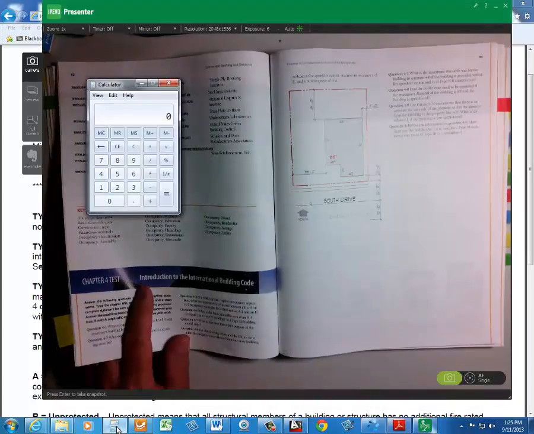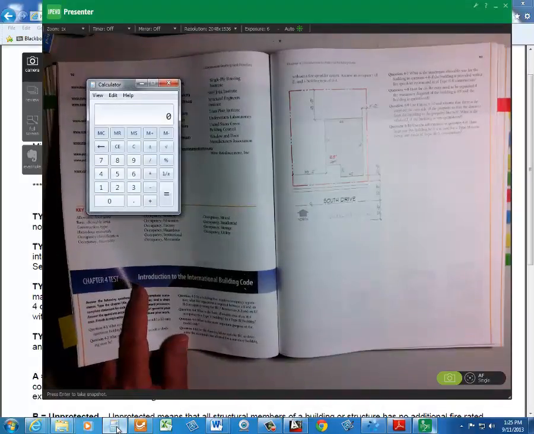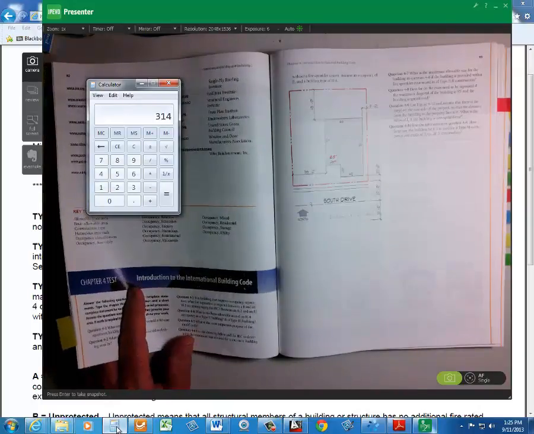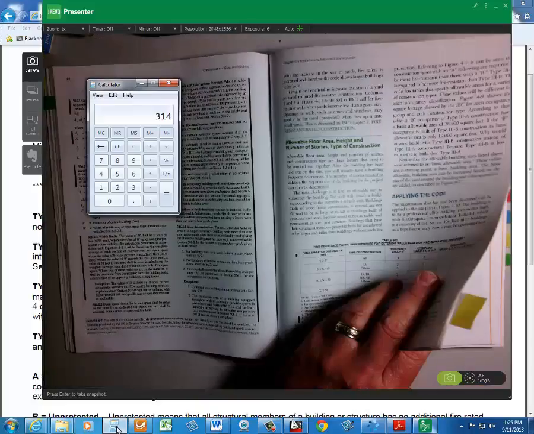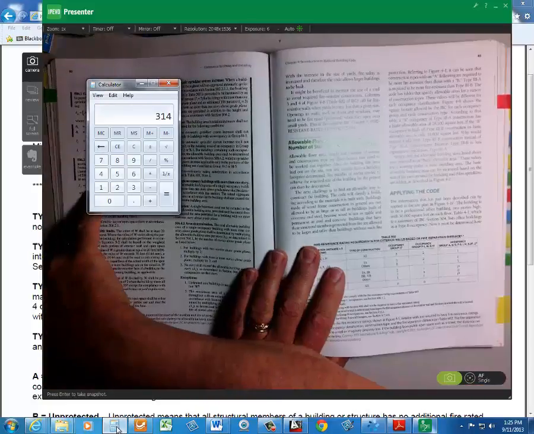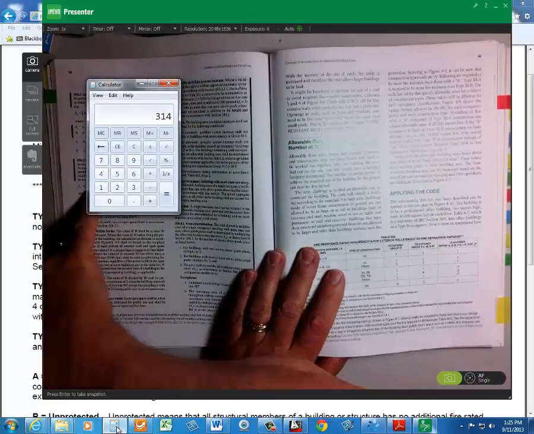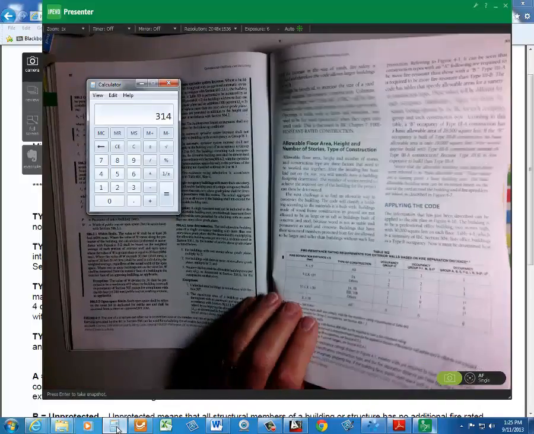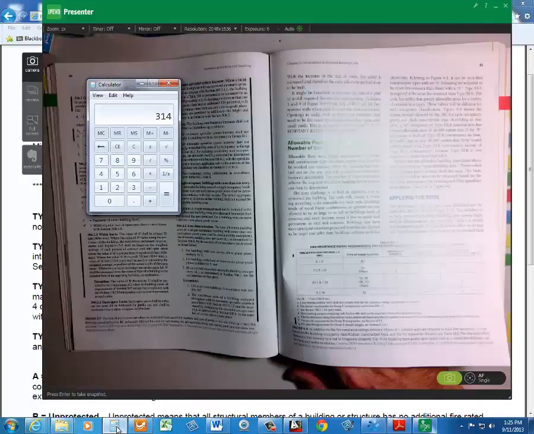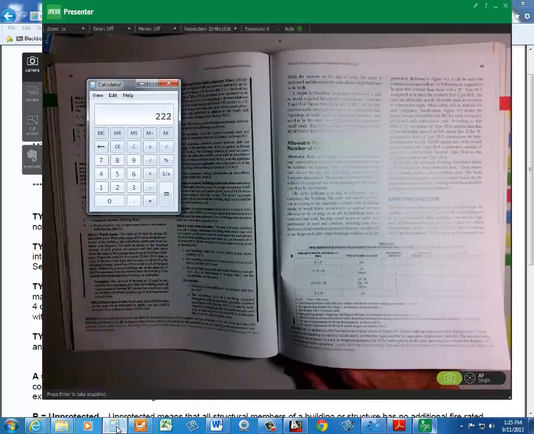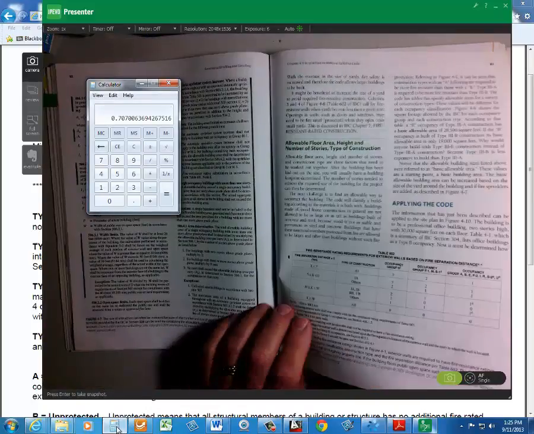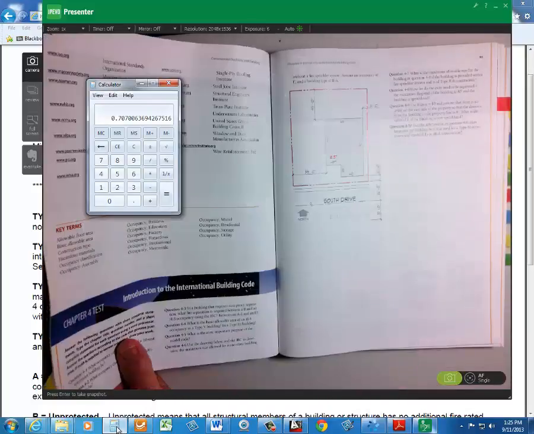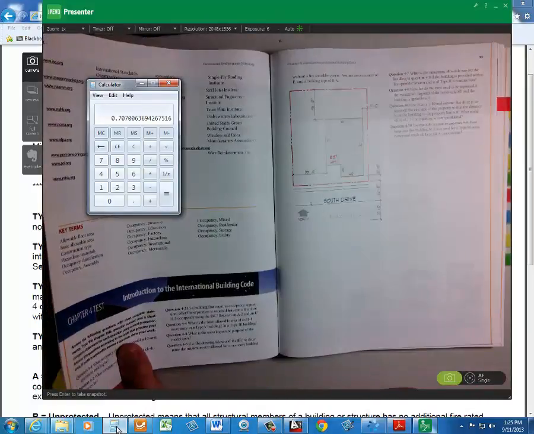And looks like we'll finish this up next time we meet. 92 plus 222 is 314. So doing our little algebra formula here, we divide 222 by 314. That's 0.70, maybe rounded to 0.707.